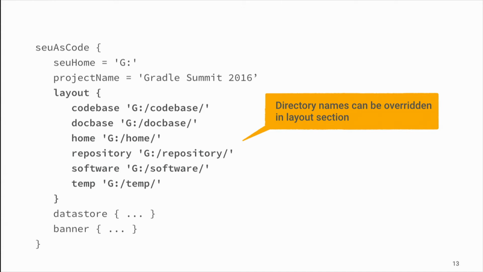We have a directory where we have the code, a directory where we have documents, a home directory, the repository where we want to store all our locally built artifacts in the software development environment, okay? So we don't want to store this under .gradle somewhere or .m2, .m3, whatever it is. We want to store those local artifacts in here, okay? Software, and a temp directory, that's my most favorite working directory, the temp directory.